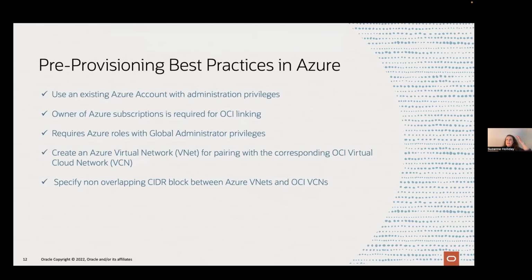Now, this is required for the account linking part only. So, for example, if you do use Global Administrator, we're not asking you to keep that up afterwards. Once the accounts are linked, you can decommission these privileges. That's absolutely fine. It's just during that process that you would need some admin privileges in your Azure account to do the linking.